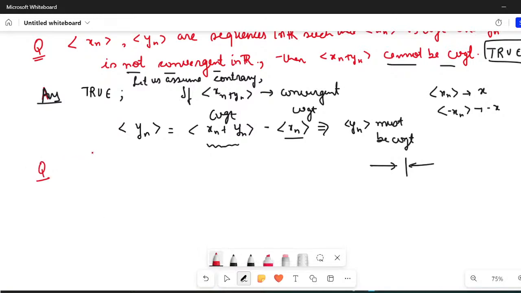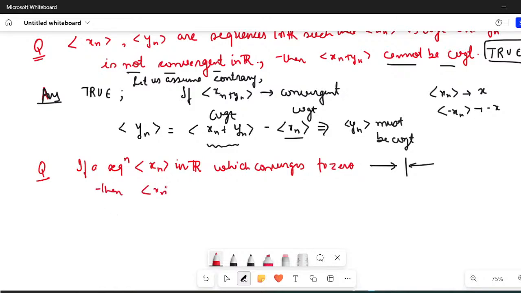So the question is: if a sequence xn in R which converges to 0, then xn raised to power n must converge to 0.